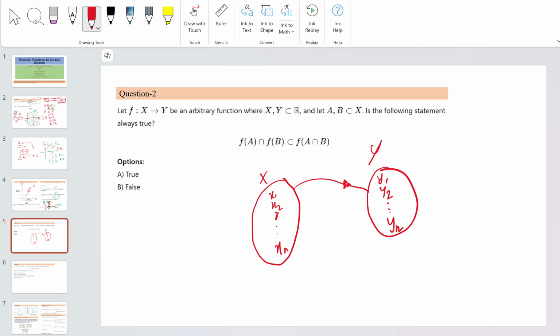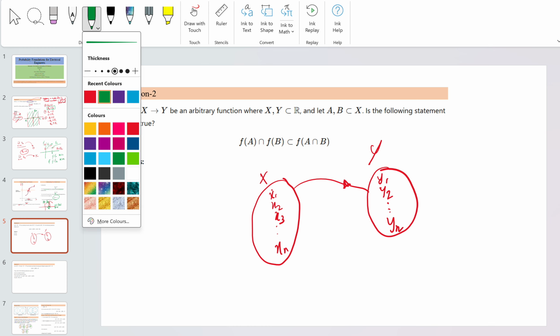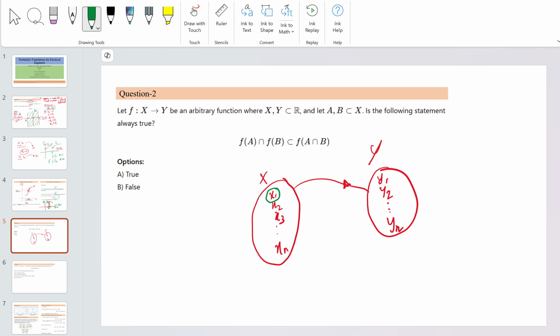Suppose I take x2, x3 as a subset. Suppose this is subset A and this is another subset B. So A and B are subsets of X. And the question is whether f(A) intersection f(B) is a subset of f(A intersection B) or not.